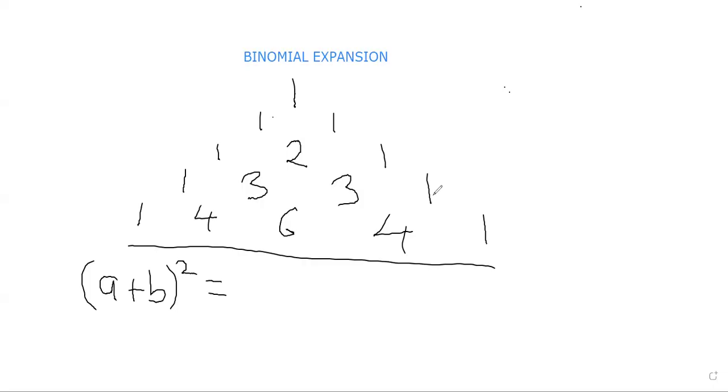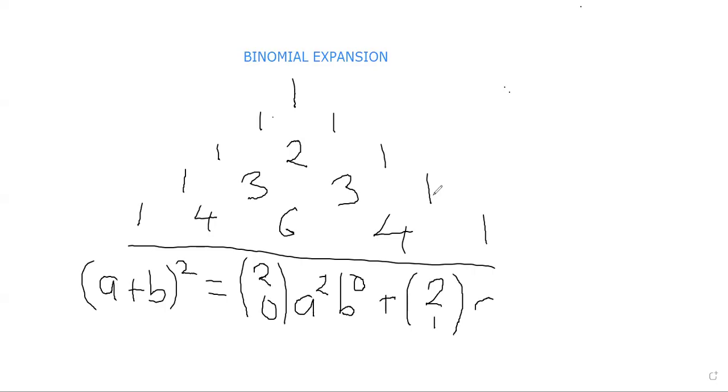In order for us to expand this, we are going to have 2 choose 0, and then a to the power 2, b to the power 0, plus 2 choose 1, a to the power 2 minus 1, which is 1, and then b to the power 1, plus 2 choose 2, and then a to the power 2 minus 2, which is 0, and b to the power 2.